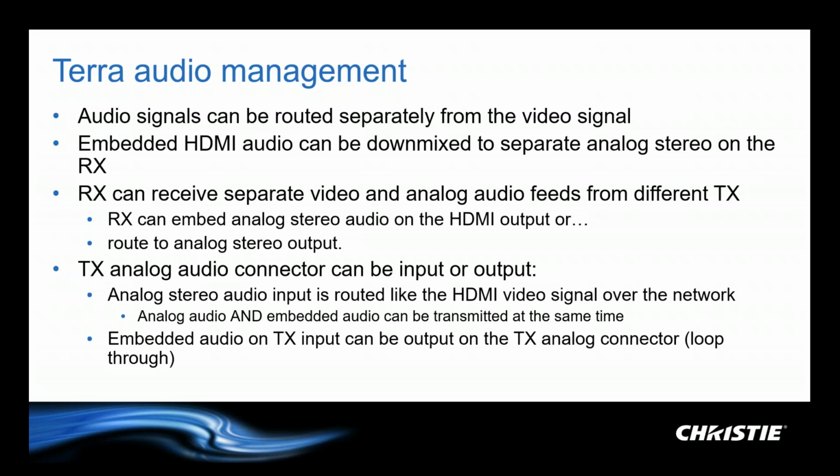But the connector on the transmitter can also be an output. You can configure it as an output, so you can have a loop through on the TX of the audio that's coming in on the HDMI input, for example.